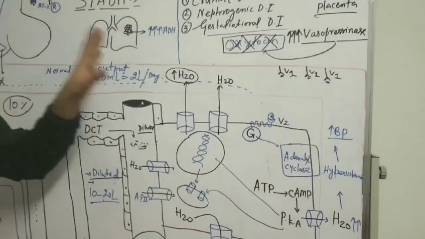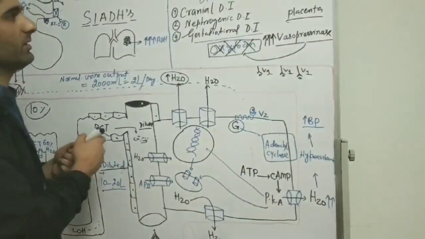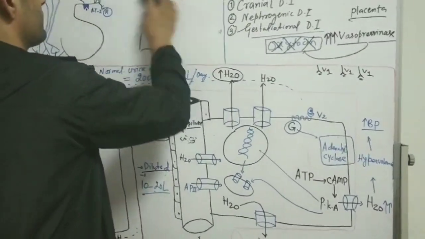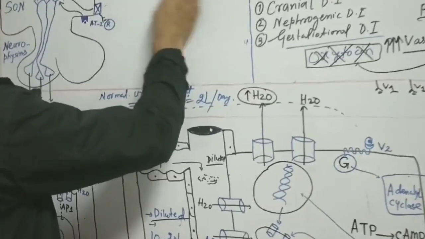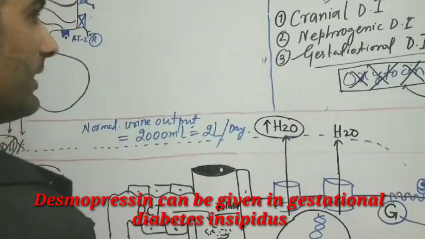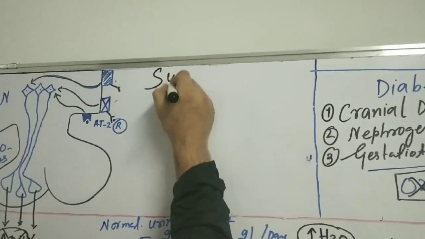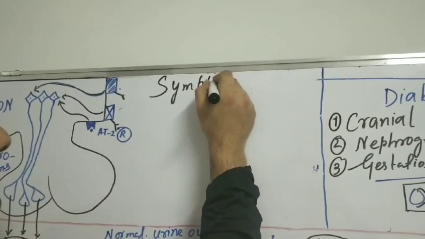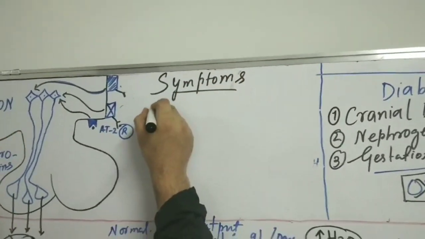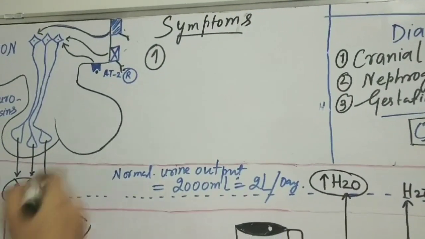Now I want to mention here the symptoms of diabetes insipidus. The first symptom will be polydipsia.